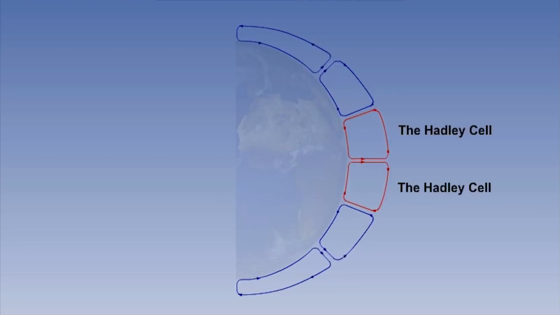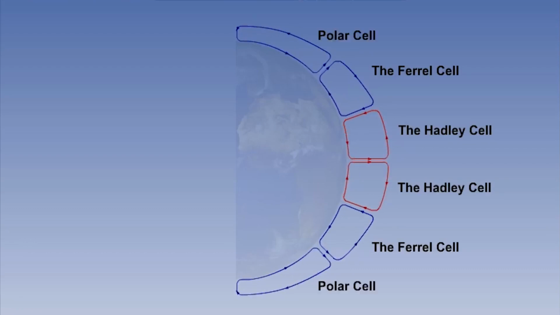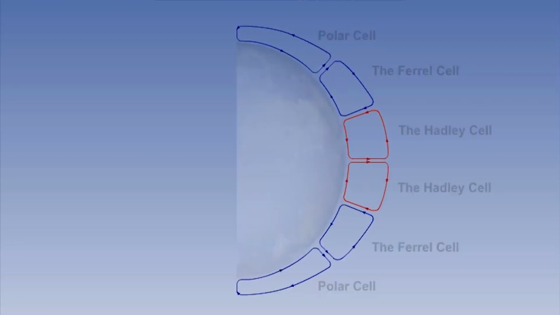These are called the Hadley cell, the Ferrel cell, and the polar cell. The actual pattern of airflow is very complex, but this is an idealized model and as such is kept very simple. Remember that it is these cell circulation patterns that are the foundations of the global climatology model being constructed.